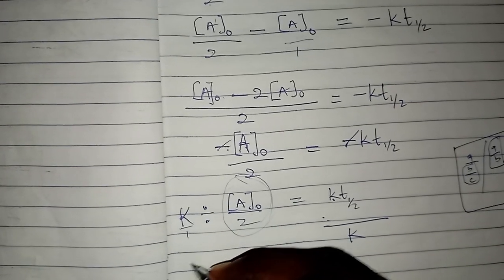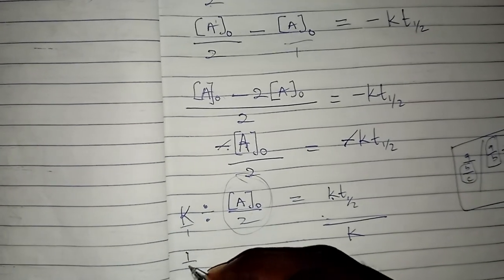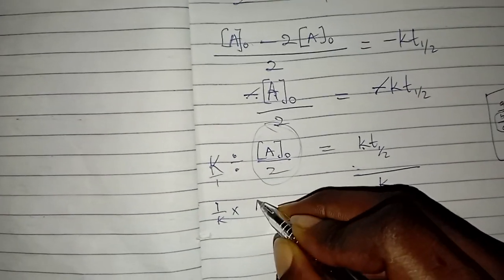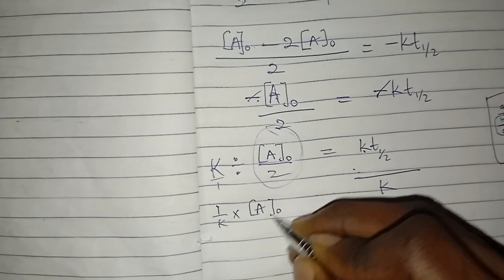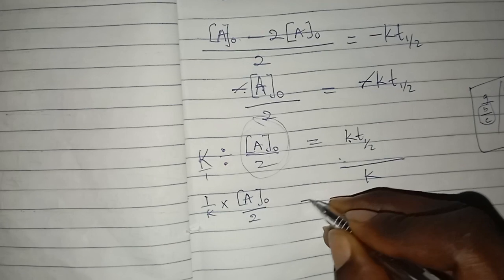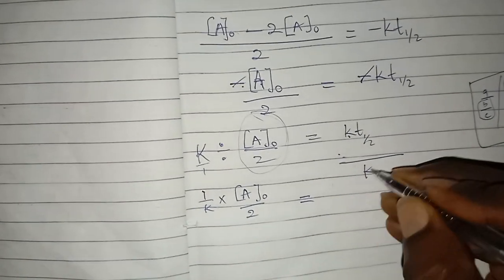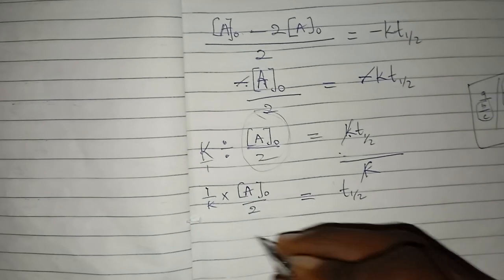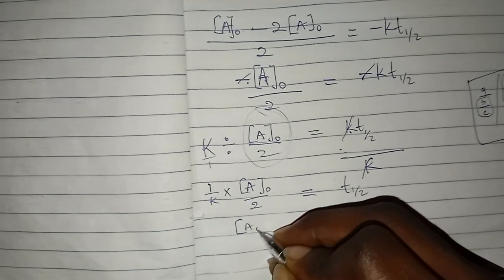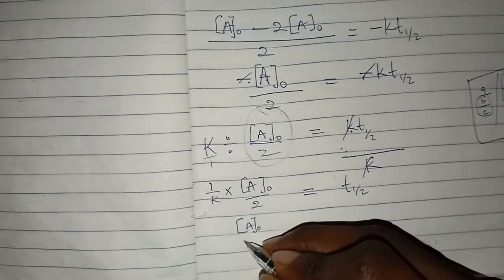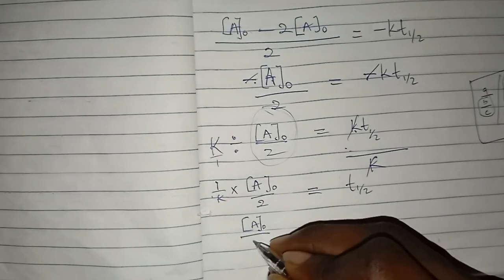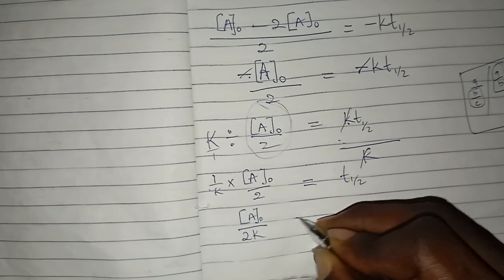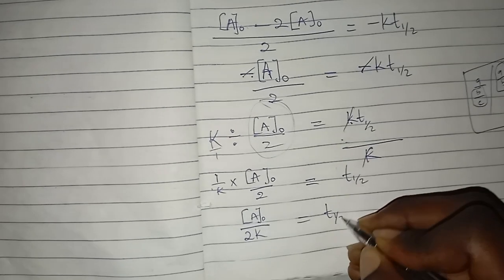So this is going to be the same as saying 1 over K times concentration of A naught over 2 is equal to, this will cancel this, so I have T half. So this is going to be A naught, initial concentration, all over 2K equals T half.